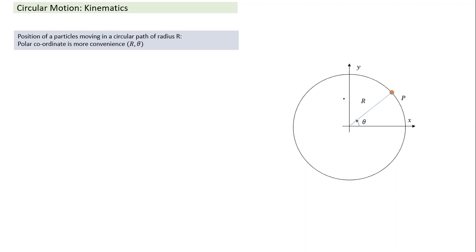But in case of circular motion, using a special property of circular motion, rather than using xy coordinate, polar coordinates become more convenient. So when we define position of a particle moving in a circular path of radius r, we define this position in terms of polar coordinates, r being the radial distance from your origin, and theta also is measured with respect to a given direction.